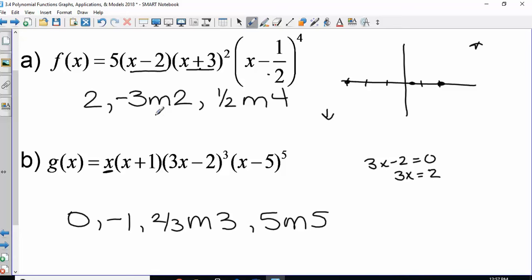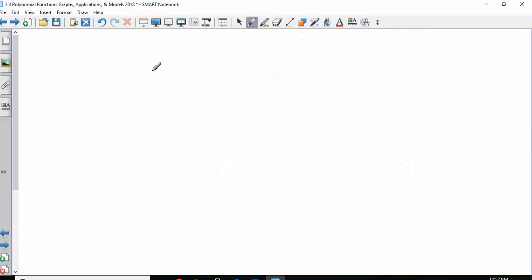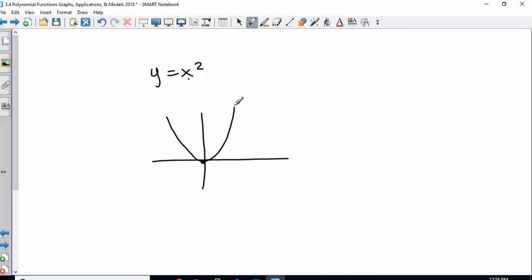What happens if it is an even multiplicity? Think about, for example, just y equals x squared. We know that's a parabola, right? The only 0 there is 0, and it has a multiplicity of 2. And what happens to the graph when it hits there? It hits 0 and it bounces back up.